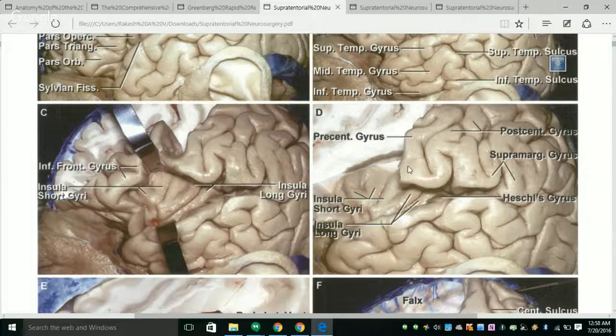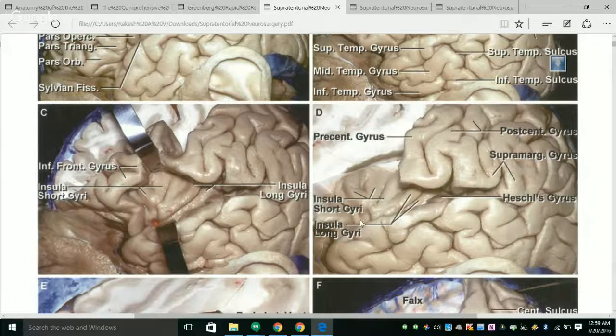We have just seen the insula deep to the opercula, and now in figure D, it says enlarged view with the brain in front of the precentral gyrus removed. The insular gyri radiate upward and backward from the anterior-inferior angle, situated just lateral to the limen insulae.